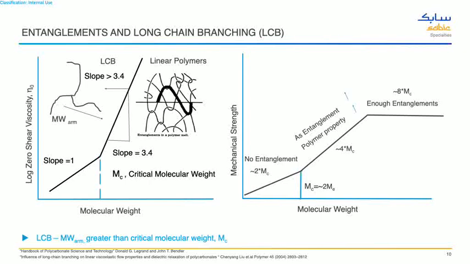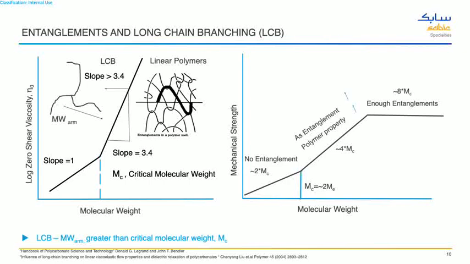If the branches are longer than 5,000 grams per mole, I call this long chain branching. Anything less than 5,000 grams per mole, I would call short chain branching. The long chain branch is very unique in terms of rheological properties. At the same time, short chain branches will also have unique properties.